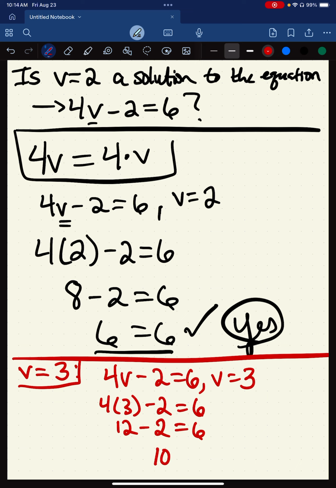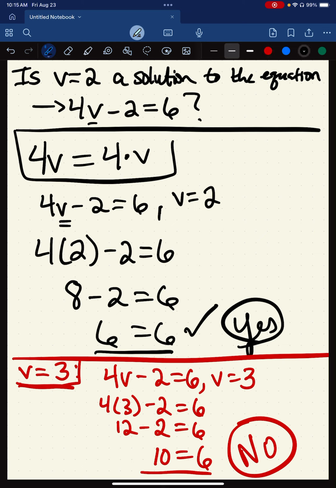And we get down to something that makes no sense. 10 is not equal to 6, or at least I hope it's not. Since it doesn't make any sense, we say no, it is not a solution. So v equals 3 is not a solution, but v equals 2 is. It all comes down to, does that value make the equation make sense?